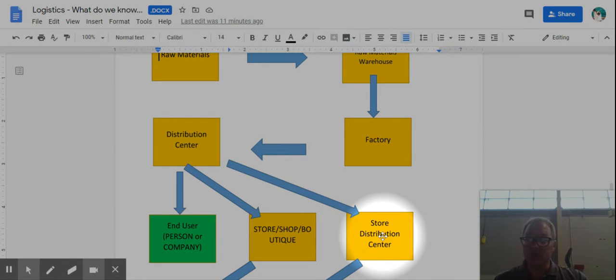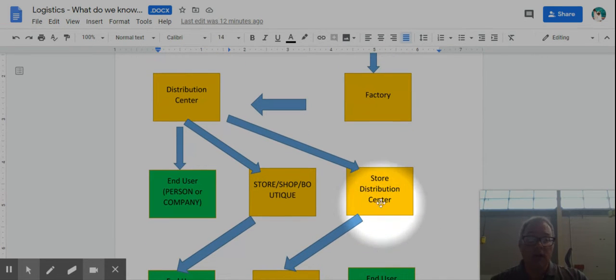I mean, Walmart has a distribution center just south of us here in northern Kentucky that services Lexington. It services Ohio, southern Ohio. It services northern Kentucky. And these are all things that would be serviced by this one regional or store distribution center. Okay?